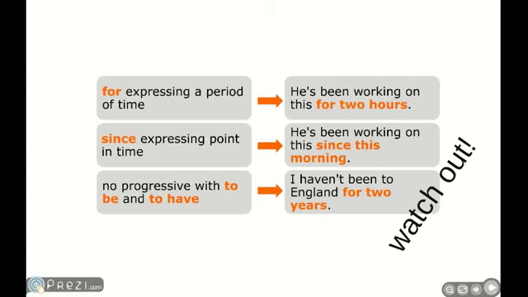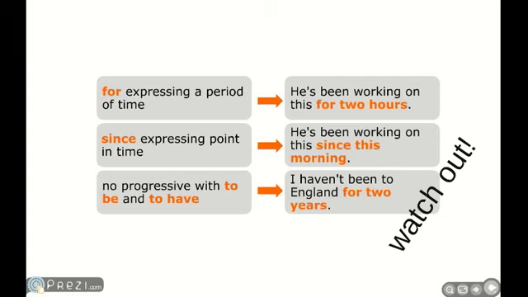Since, however, is expressing a point in time. Again, a sentence here, he has been working on this since this morning. Now 2 hours was a period of time, so we used for. Now this morning is a point in time, so we use since. And that's the basic difference. And both of those signal words usually call for the present perfect progressive.